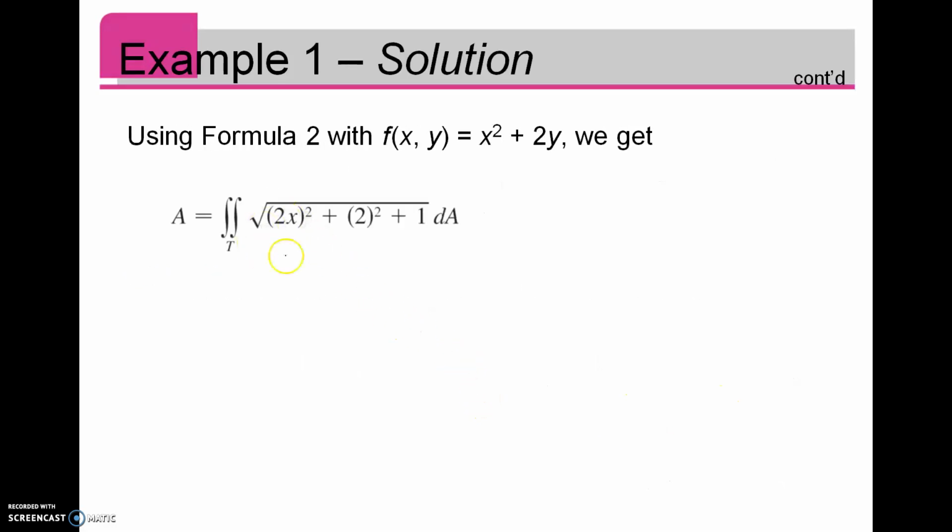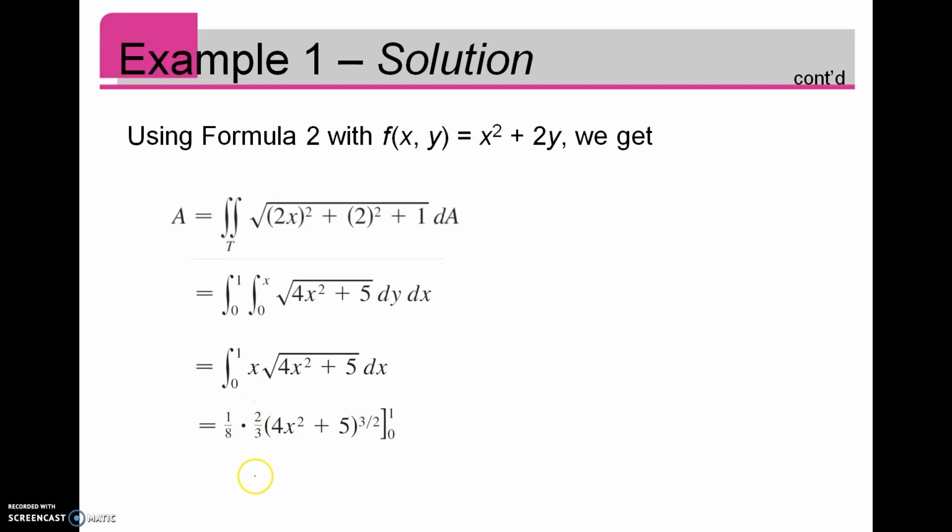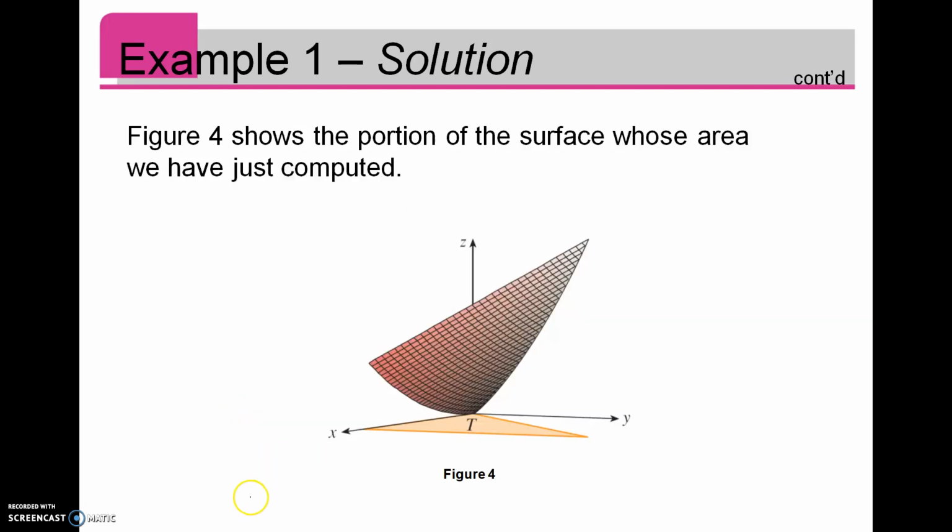Right. So we just plug in the formula. We did partial x, partial y, squared those, added 1, square root, iterated integral. We went ahead and plugged in the limits 0 to x and 0 to 1. We can now go ahead and integrate, integrate again, and we solve.